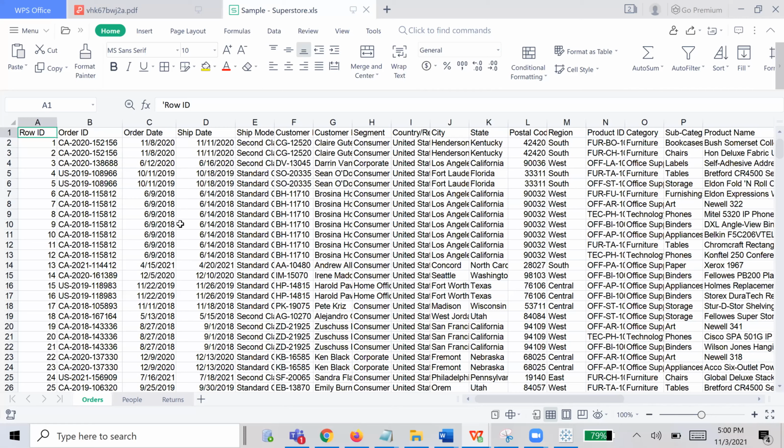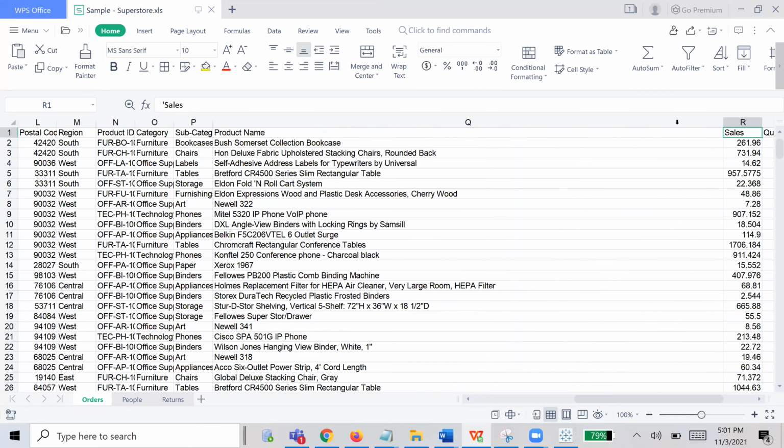So we have a subcategory here and we have sales here. Let's suppose I bring one subcategory here, let me apply the filter.